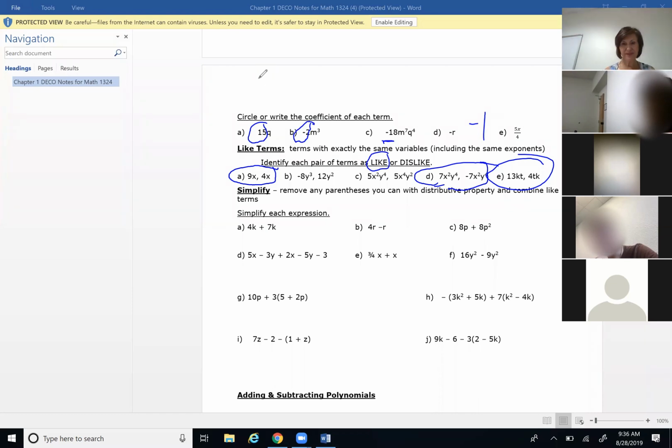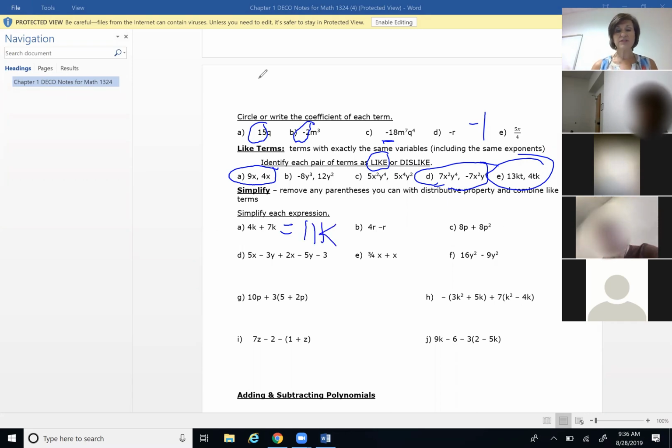Now, when you simplify, it simply means if they are like terms, you are just going to add the coefficients, and the variable part stays exactly the same. So if I had a 4k plus a 7k, what would that equal if I combine those? 11k.